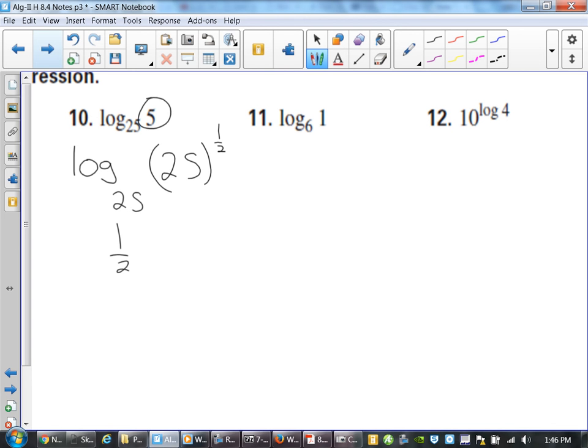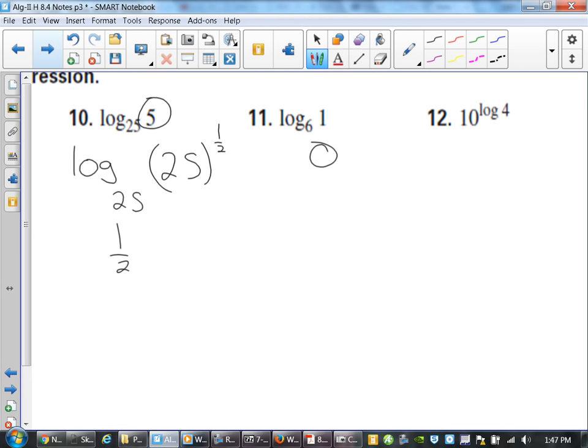Take a look at the next one. Log base 6 of 1. 6 to the 0. Very good, so your answer is 0. You'll see more of those.